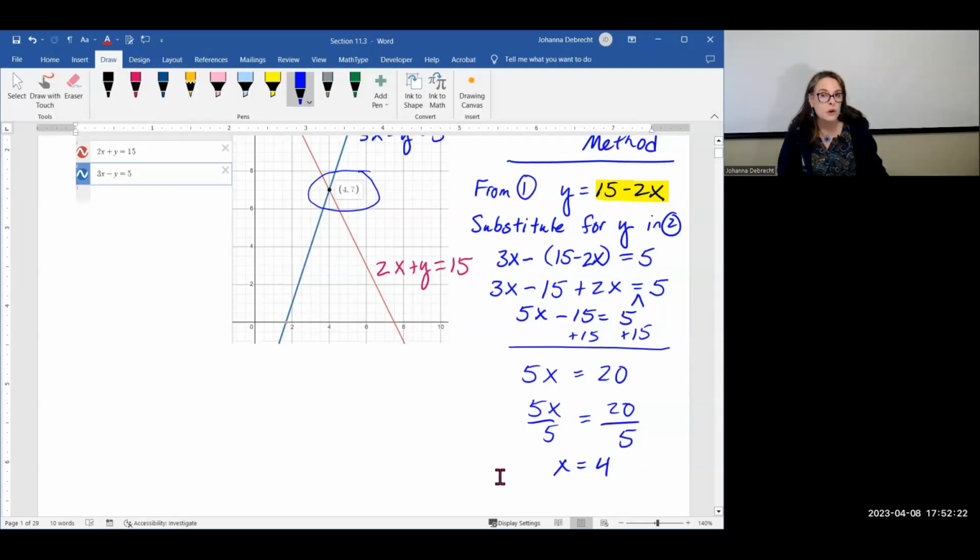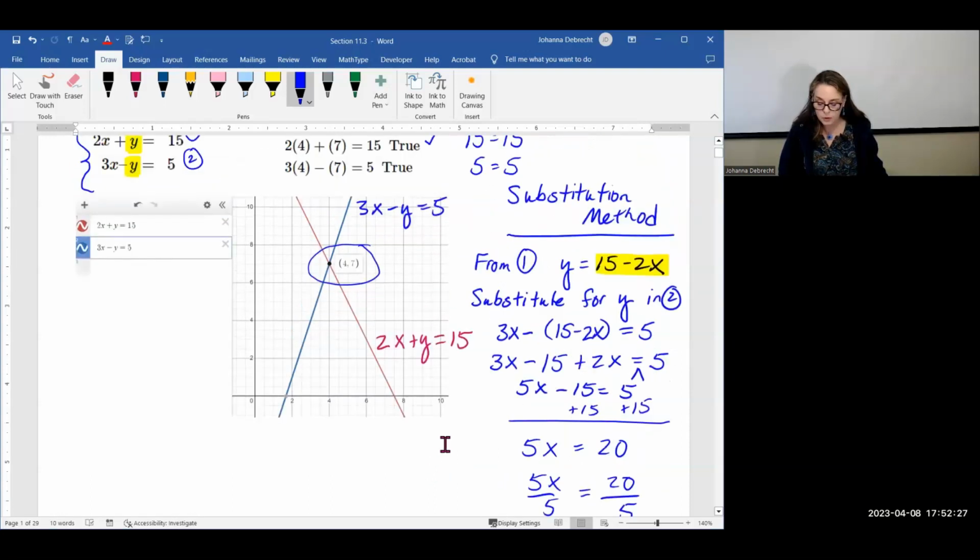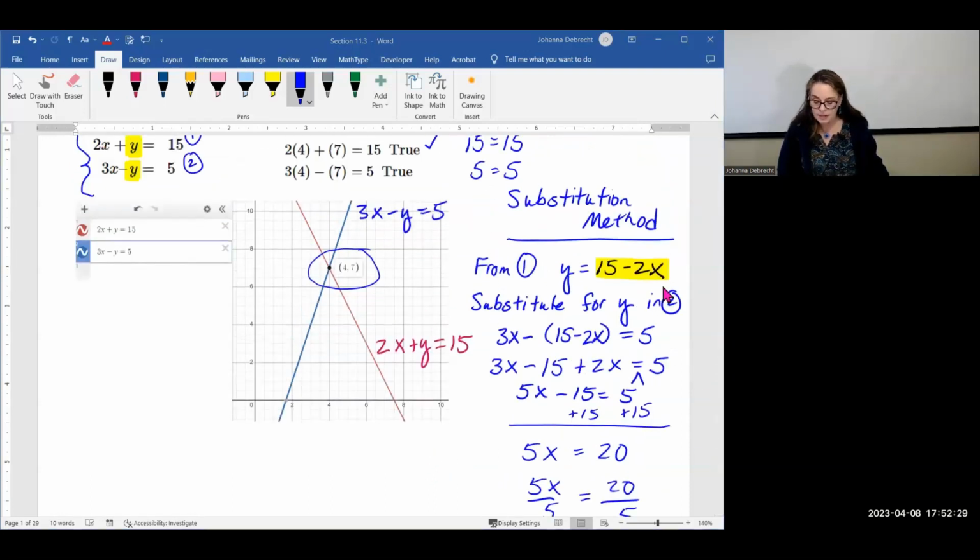Now, x equals 4 is only the x coordinate of where they cross. Now I need to find the y coordinate. The substitution method is ideal for this because you've already substituted for y, which means you've already solved for y.